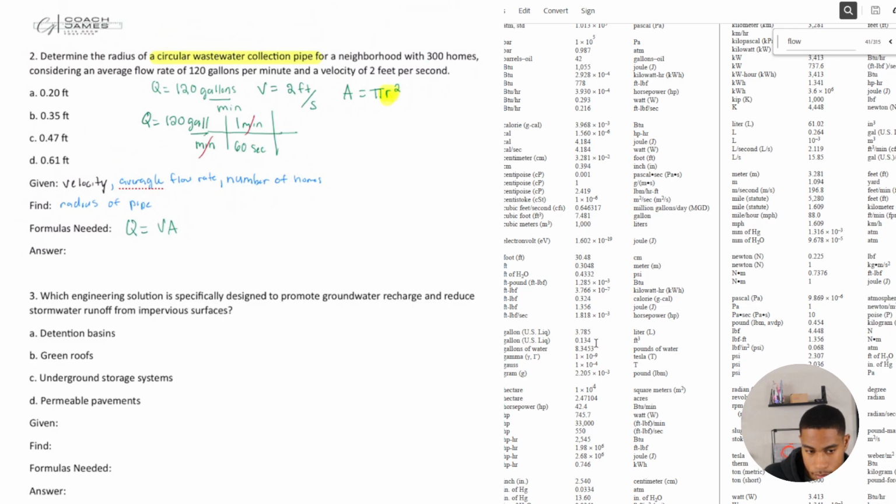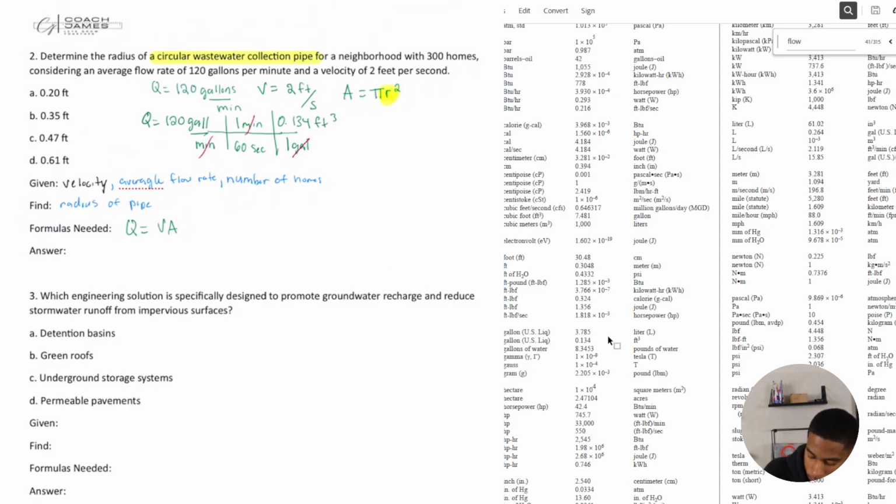Perfect. So to cancel, we need 1 gallon is equal to 0.134 feet cubed.